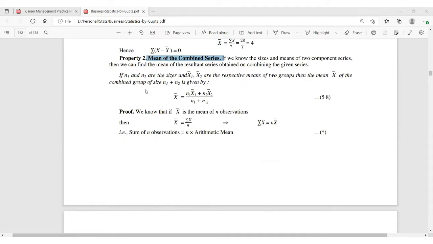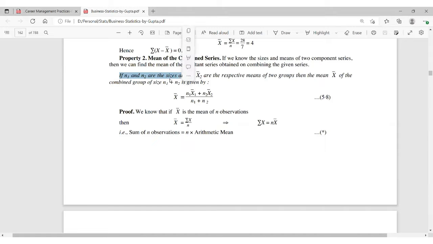Mean of combined series, that is also called the combined mean. In this, there are two series.